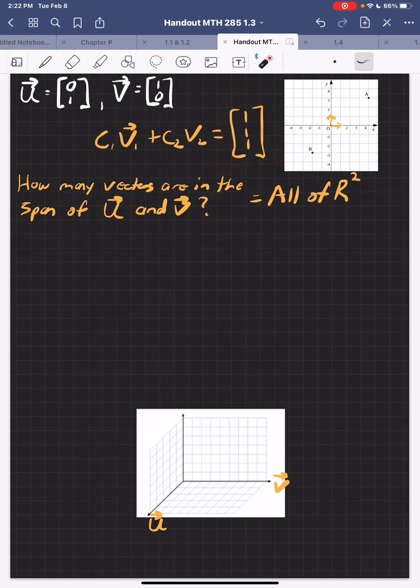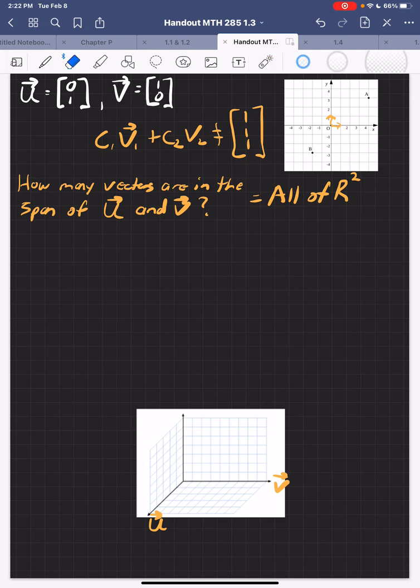This point is in space. It has a height. These vectors allow me to travel all along the plane in 2 dimensions, but they're never going to allow me to go in the z direction, to reach any height. So we would say that this vector is not in the span of v sub 1 and v sub 2. You cannot reach this vector using v sub 1 and v sub 2.